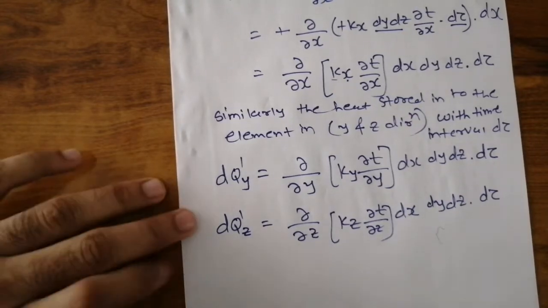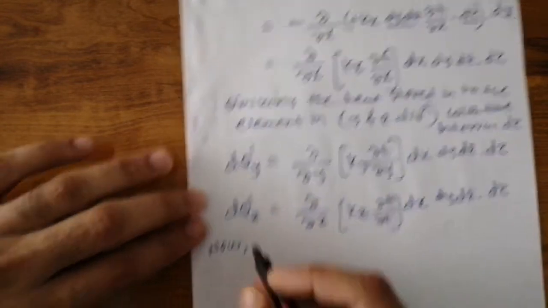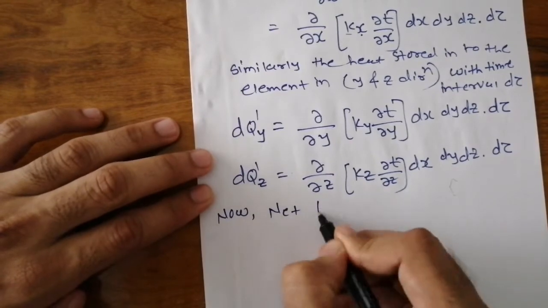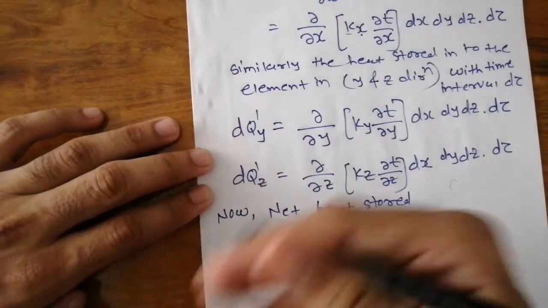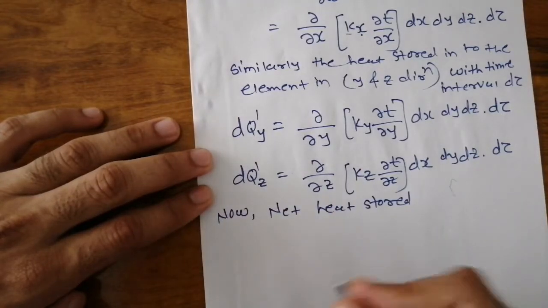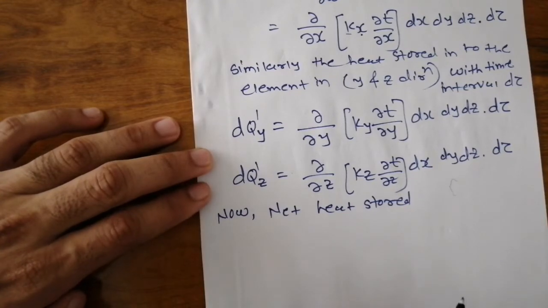So now, net heat stored. First of all we found the individual directions, x, y and z. Now we require the total heat stored in the element due to conduction. So how will it be considered?